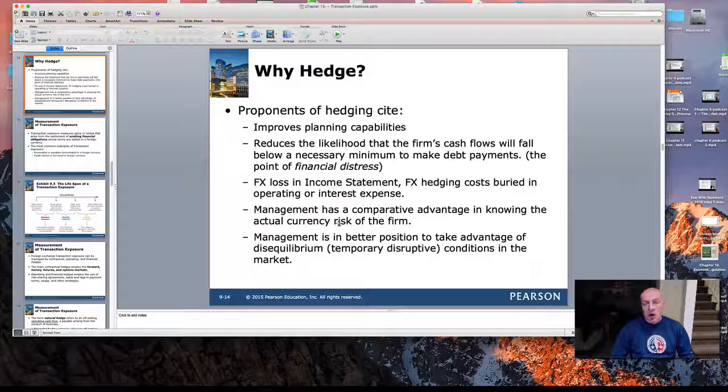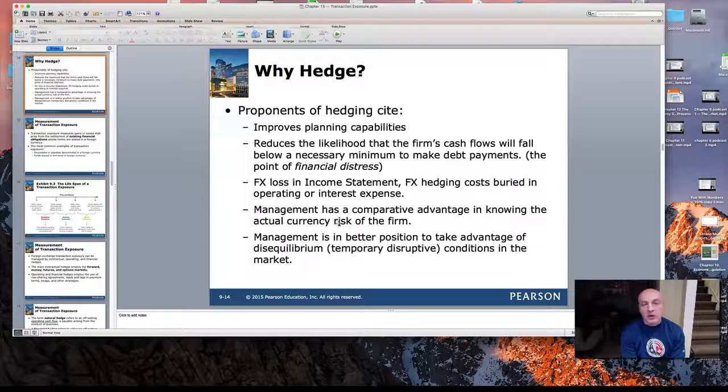However, hedge costs and gains or losses associated with that are also in the income statement, but they're buried a little bit more in the operating or interest expense section. So it could be a little bit harder to find that as opposed to a one-line item that says foreign exchange loss. Management also has a comparative advantage in knowing what the actual currency risk of the firm is.